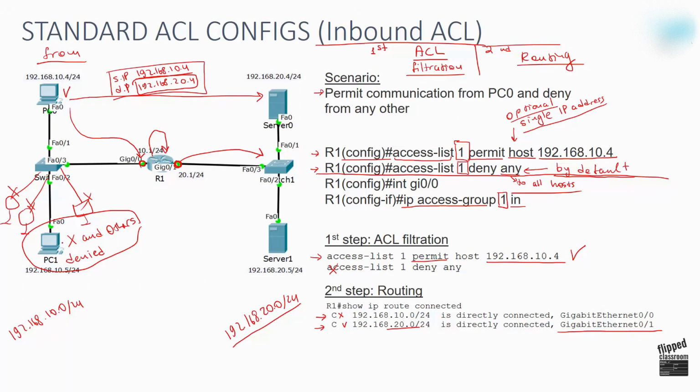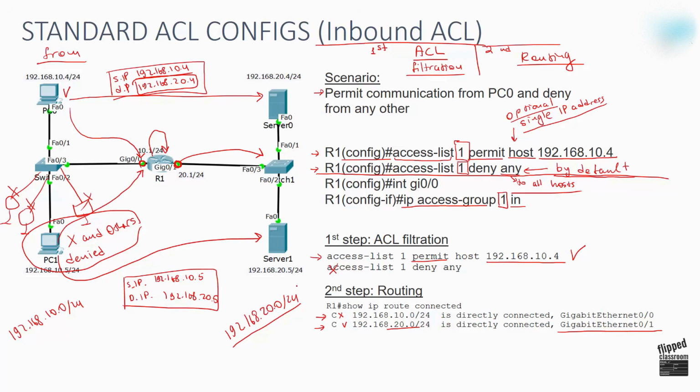But in case our PC1 tries to communicate with, for example, server 1, then in our packet the source IP address will be 192.168.10.5, and our destination IP address will be 192.168.20.5.